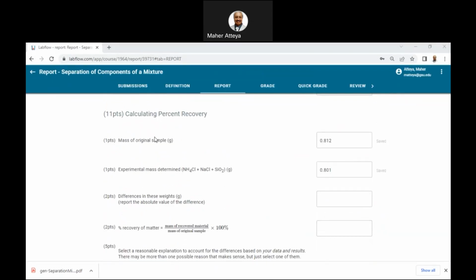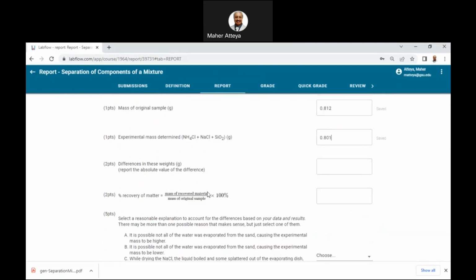We started with 0.812. So the difference in weighing is 0.812 minus 0.801 equal to grams.